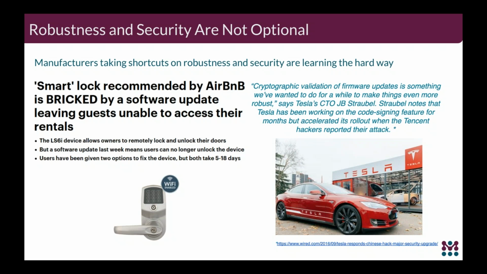We'll get into some of the higher-level items in slides later on. Tesla is known for having a fairly good update mechanism, and for a while they didn't have proper cryptographic validation and signing, and there were some theoretical exploits discovered related to that. So there are a lot of things to consider here.